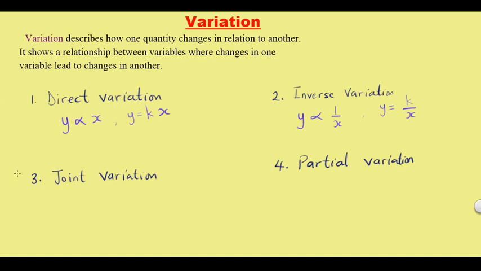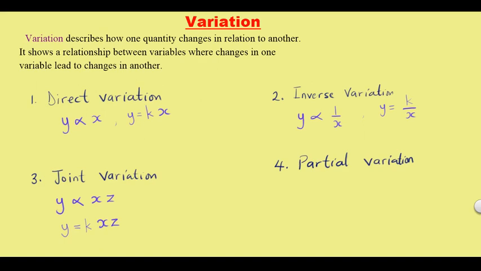Say for example, we say y varies jointly with x and z, which we can mathematically express as y equals kxz, where k is the constant of variation.